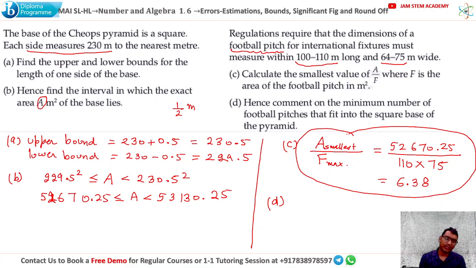More than 6 times. So 6 is the value that will fit into it. Okay, so here it says comment on the minimum number of football pitches. So the answer is 6 is the minimum number of pitches that can fit into the square base of the pyramid. Okay, that's my answer. Now, let's move to the next problem.